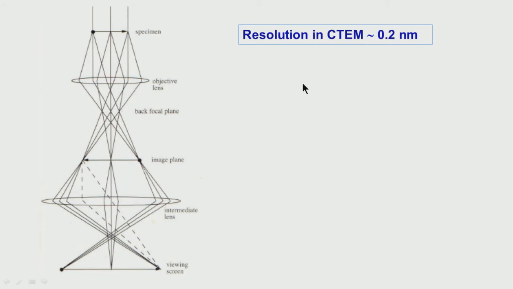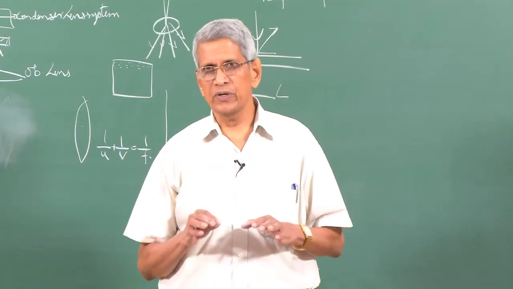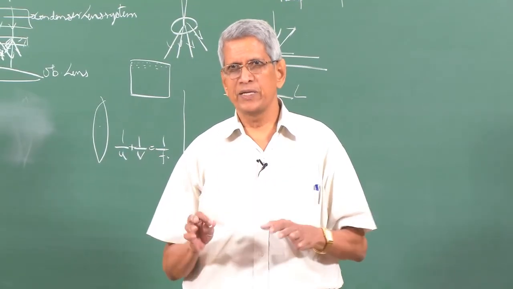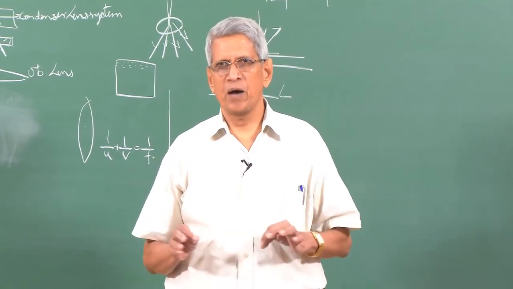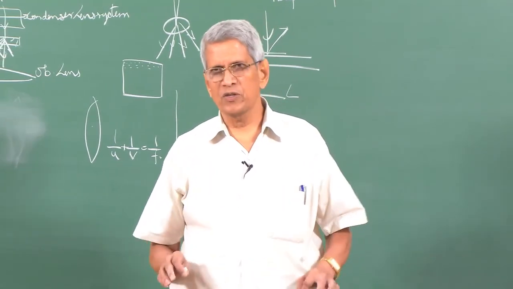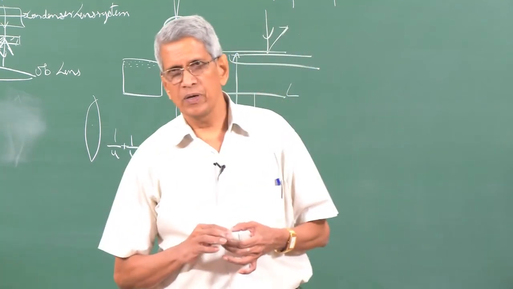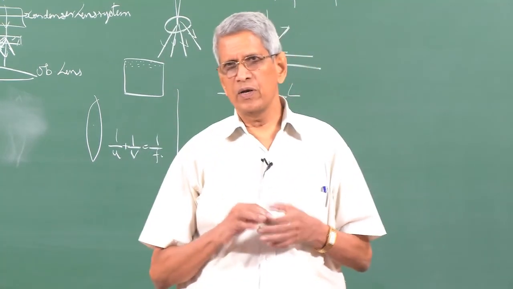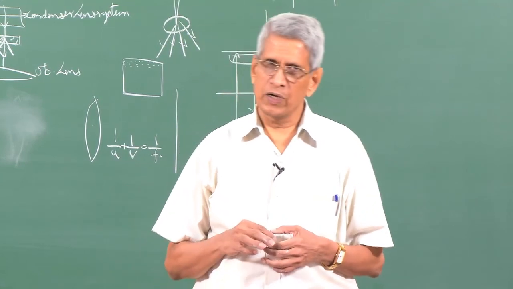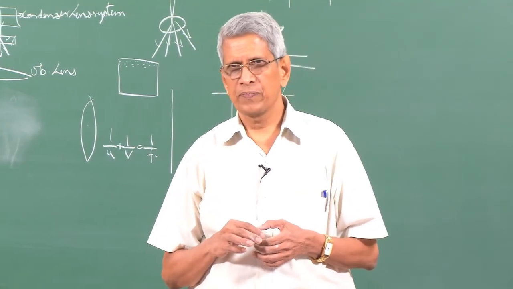Generally, when we look at that image, we started by saying that we wanted to see objects or features of an object which cannot be resolved by the eye. In an optical microscope we say that we can resolve up to maybe about 300 to 400 nanometers.